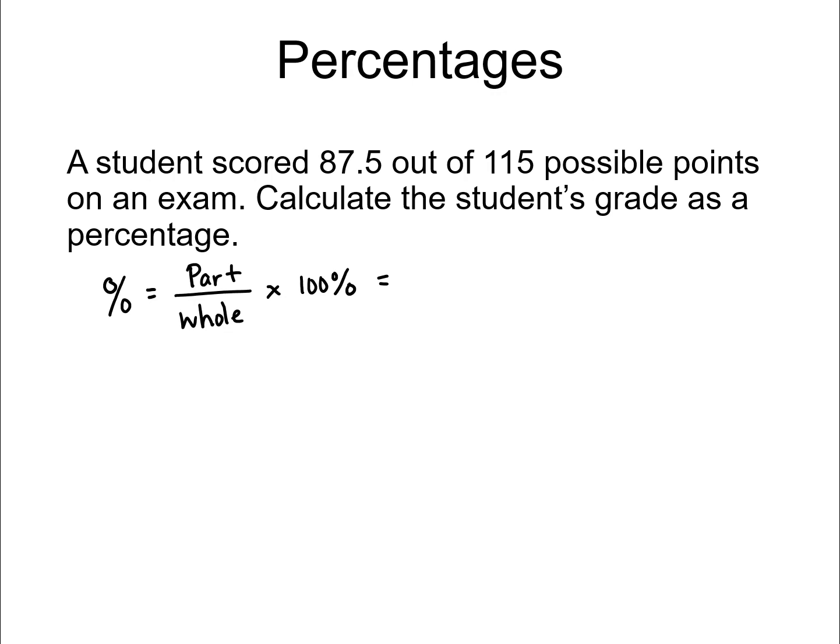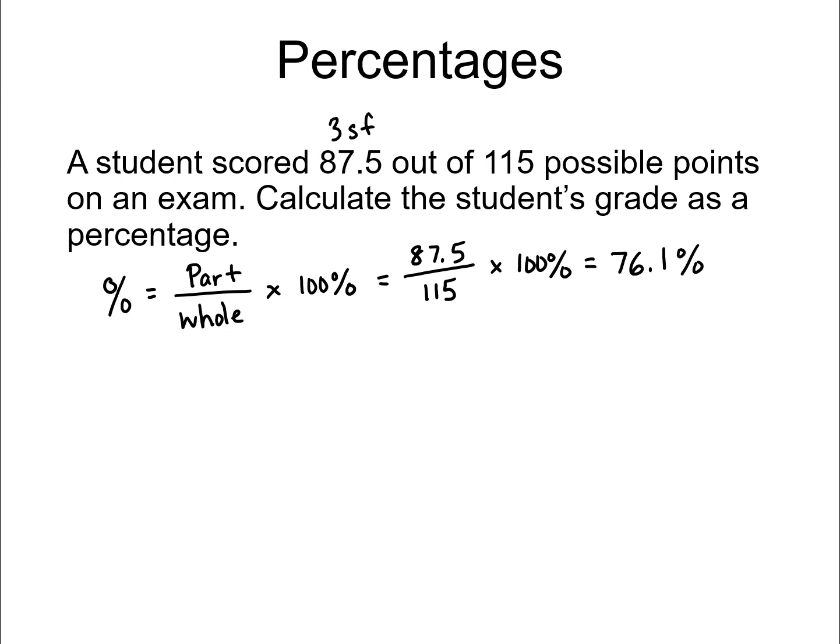So y'all got the answer already, so you obviously already know what it is. The part is 87.5. The whole is 115. You multiply that by 100%, and you should get, if we're using 3 sig figs, like here, 76.1%.